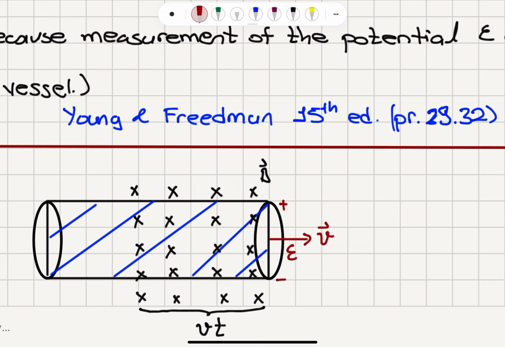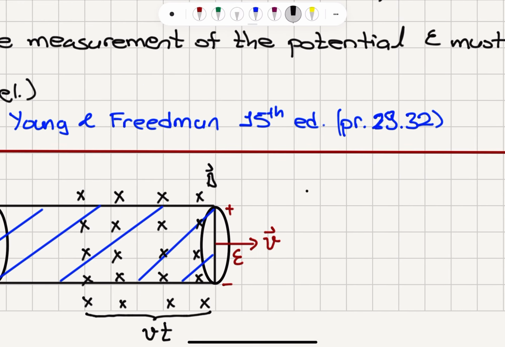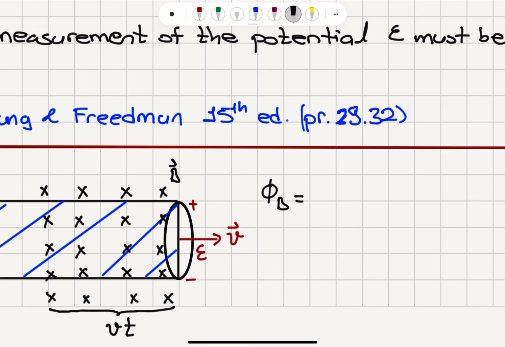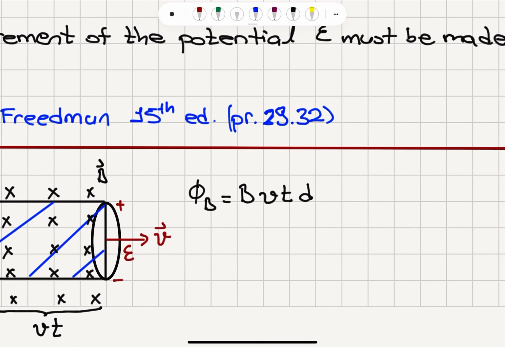Now, what is the magnetic flux that is developing in this region? The magnetic flux is the product of the magnetic field with the area. So it's B times Vt, the length inside the magnetic field, times the diameter d. So you can see that this rectangular region is basically the perpendicular area for the magnetic field, and that's the flux.